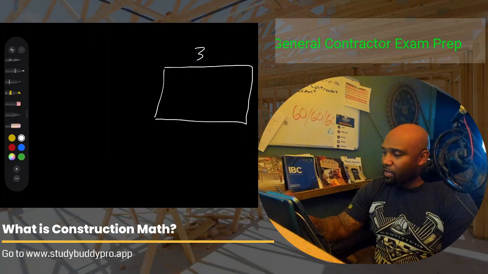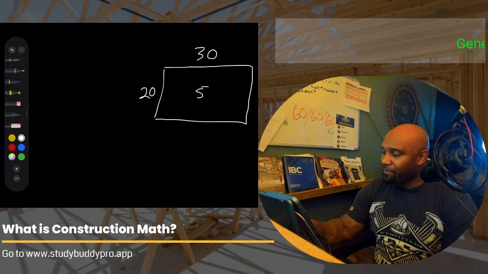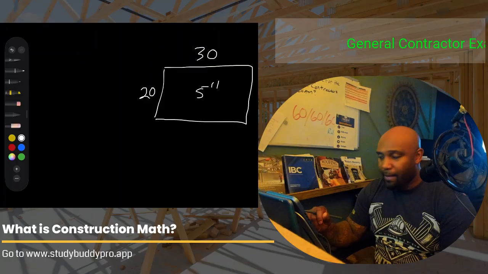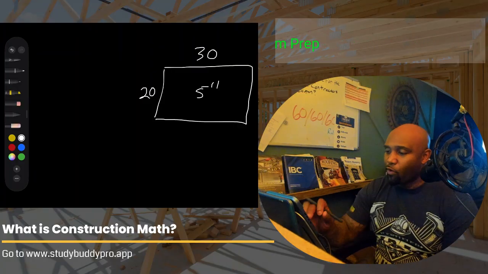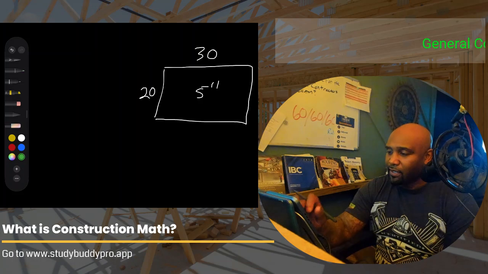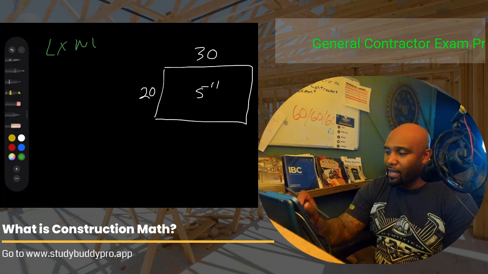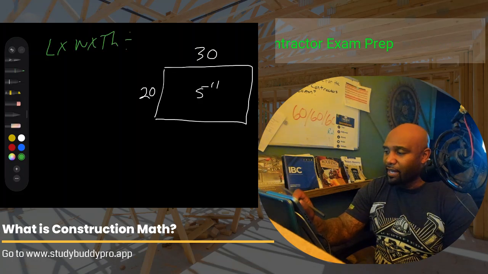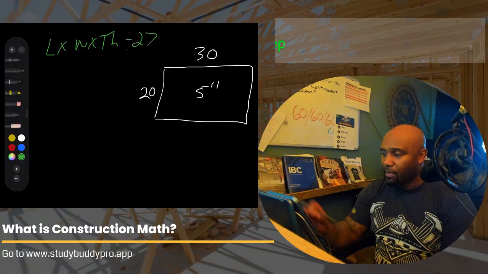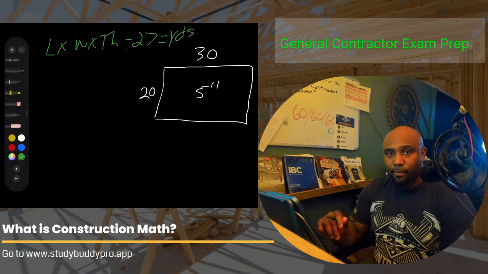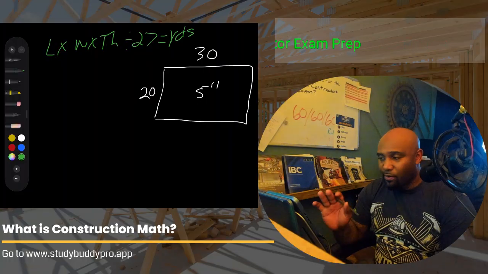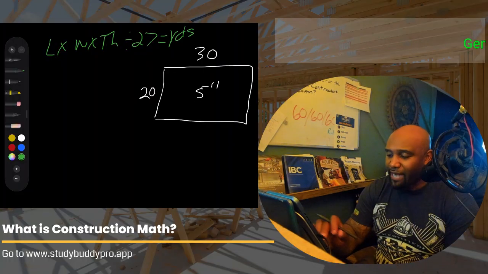Our slab is 30 by 20 and it's 5 inches thick. It could be a driveway, slab, patio, whatever. The formula is again length times width times thickness divided by 27 equals yards, right? Correct?